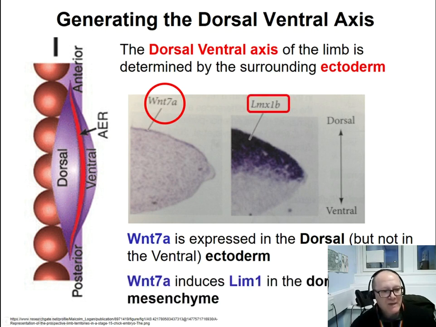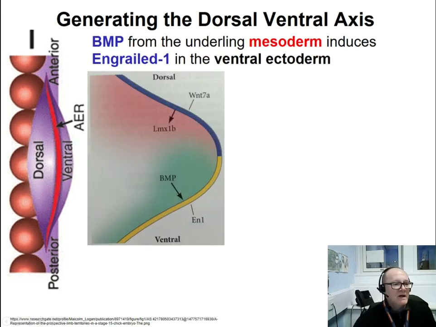Wnt7 induces expression in the dorsal mesenchyme of Lmx1b, or limb 1 for simplicity. So Lmx1b is expressed in the dorsal mesenchyme, but is not expressed in the ventral mesenchyme. And in fact, the ventral mesenchyme expresses a lot of BMP.